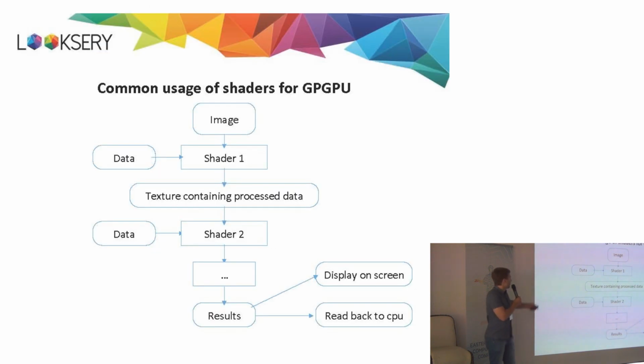That's the pipeline you can use to process your data. You can take an image or some data and put it into a shader. Then you have a result with processed data, which you can put into another shader with other data, and so on. You can pipeline this, and the end result you can read back to the CPU if you want, or display on screen.